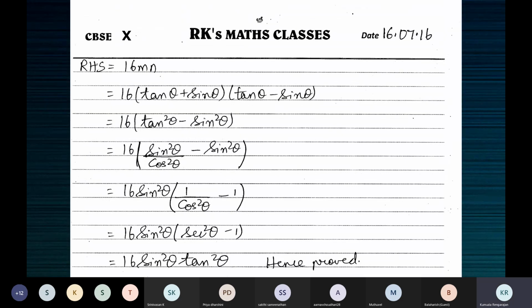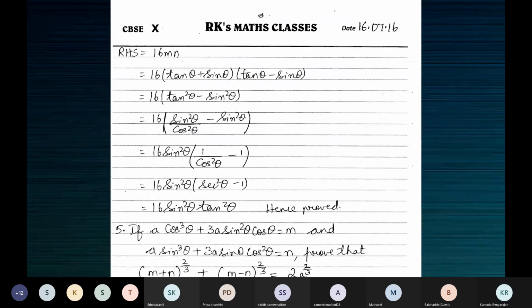The RHS is 16 mn. Got it, children? 16 mn.